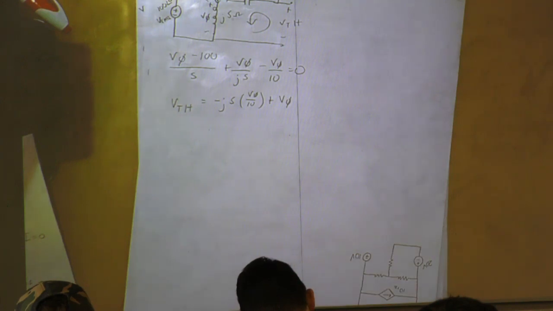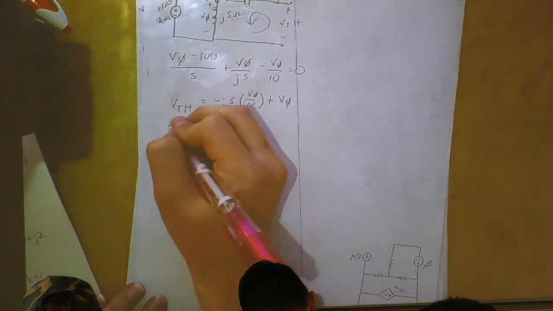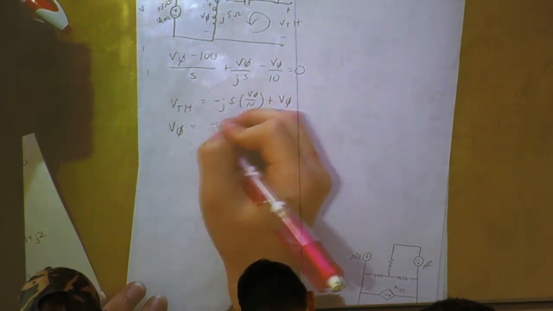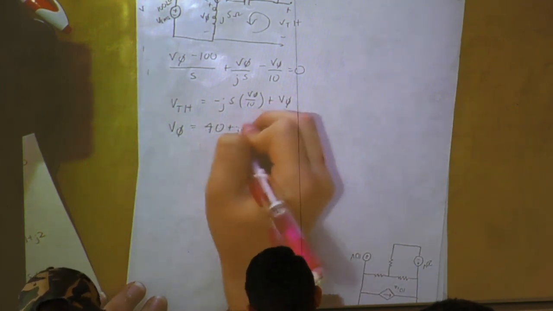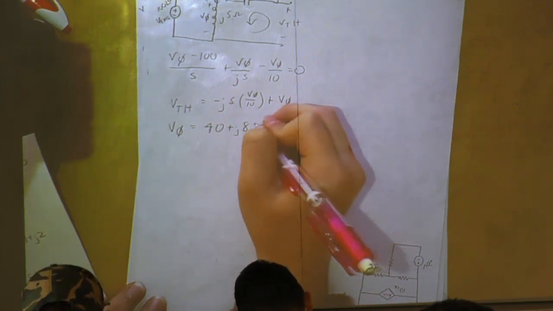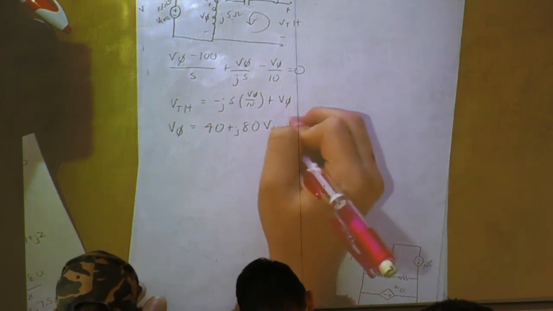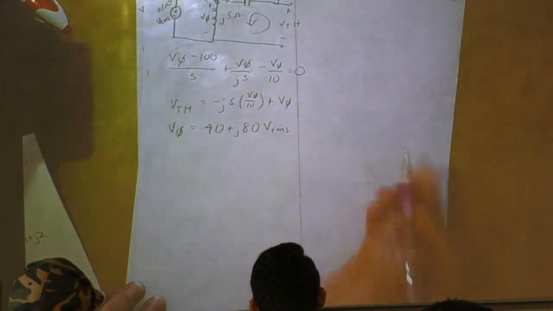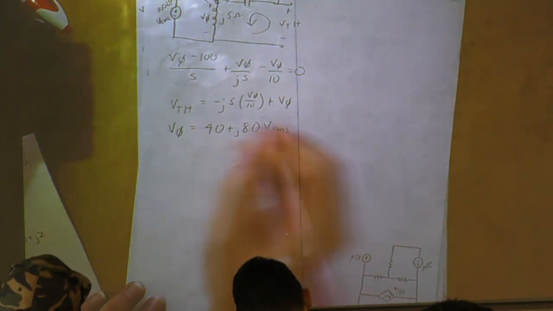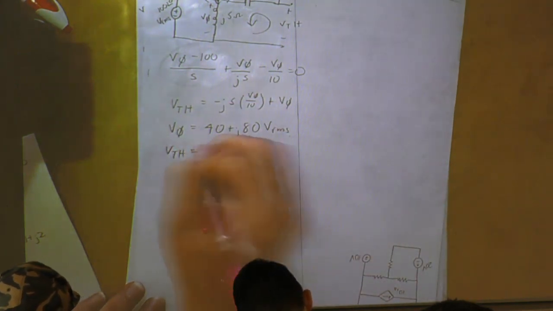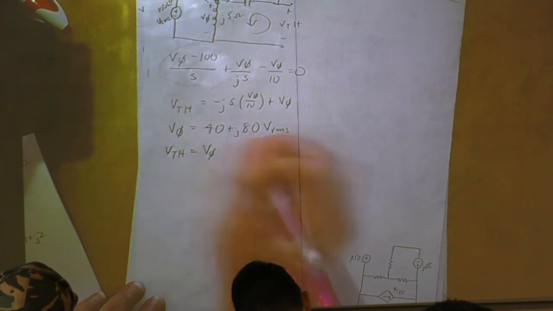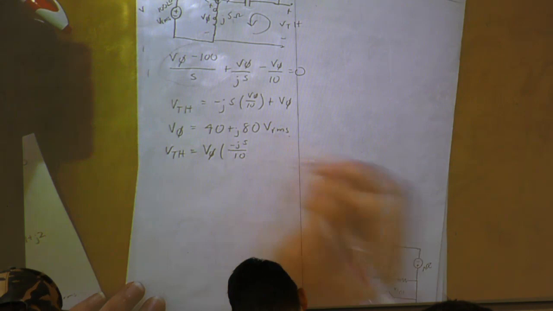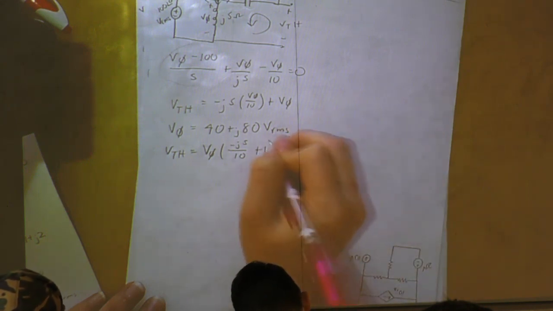So then pull out, our V phi should come out to 40 plus j80 in V RMS with algebra on this one. And then we'll plug that into our V_TH equation. If you pull out V phi, you get negative j5 all over 10 plus 1.